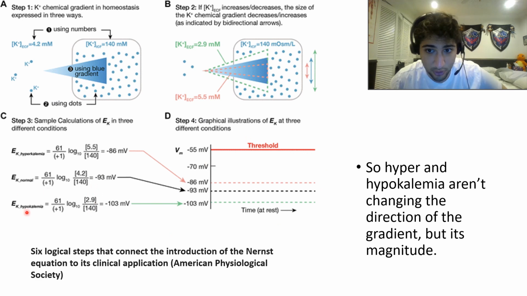And because the number in the numerator decreases, this term is going to become more negative, and because it's more negative, it's even further away. The resting membrane potential moves from this normal value of negative 93 for potassium all the way down to negative 103. So you have increased difficulty firing an action potential.